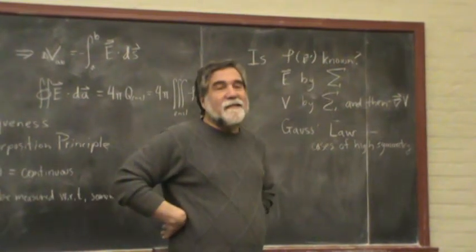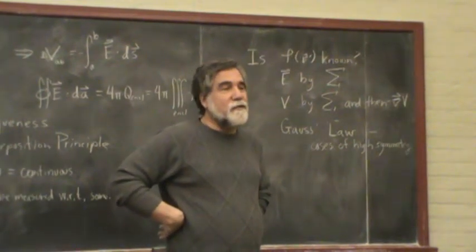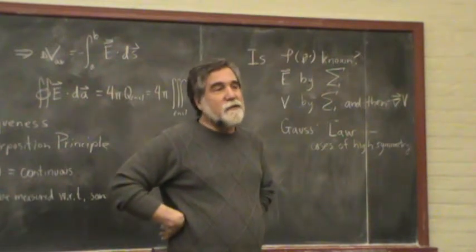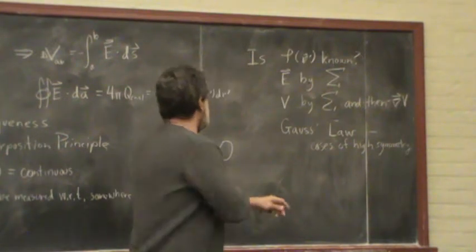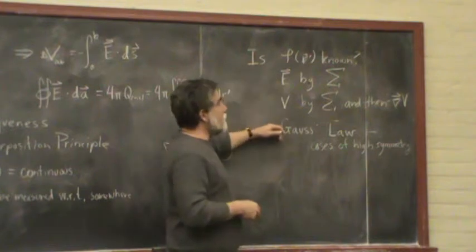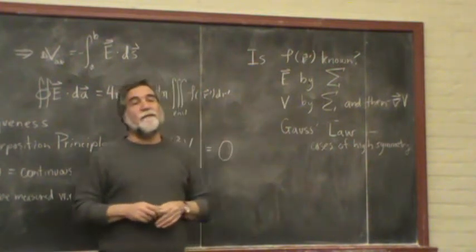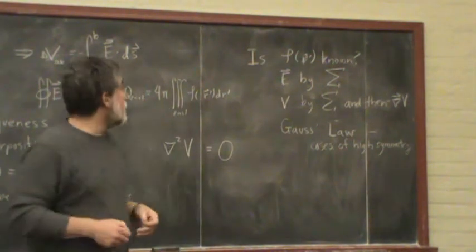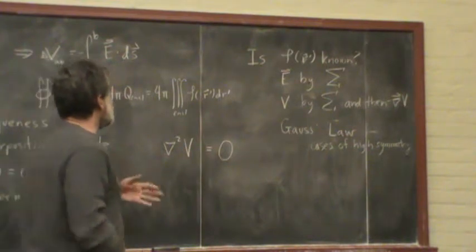And then sometimes we give you a tricky problem where we just ask you to find out how much charge there is. But you can't find the electric field unless you've got that very high symmetry that you can take advantage of. So that's the first question.